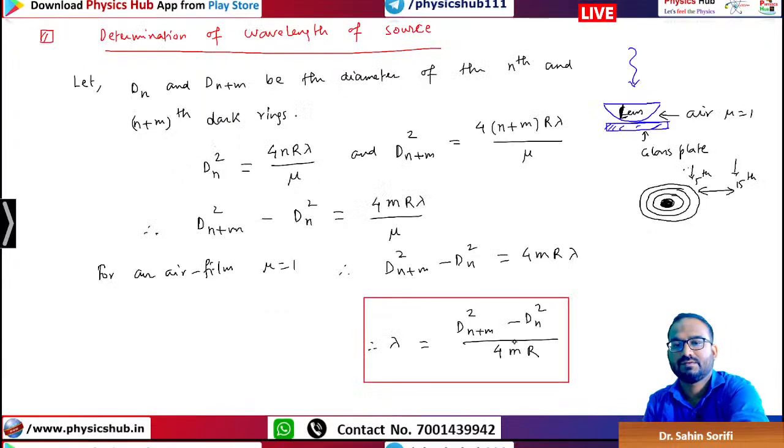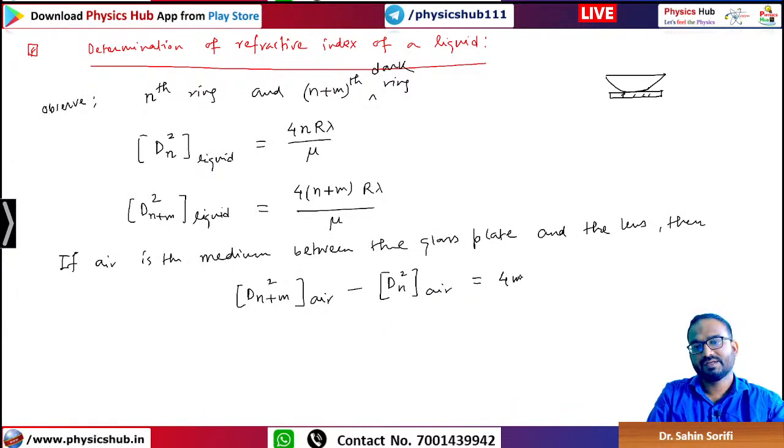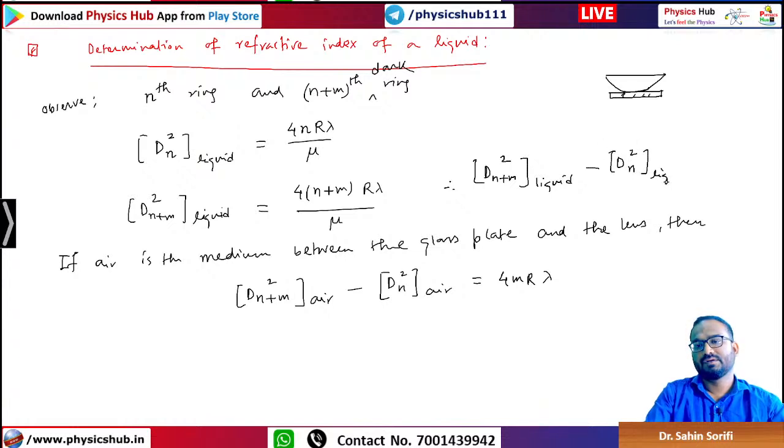As you have calculated from here, 4m r lambda. And here you can see dn plus m square liquid minus dn square liquid is equal to 4m r lambda by mu.